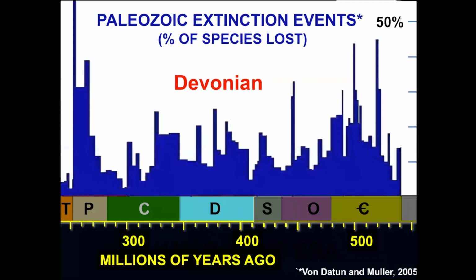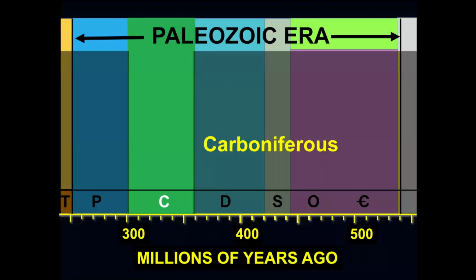The Devonian has a number of extinctions, and it is roundly debated as to what caused them. Really, we don't know why those extinctions occurred.